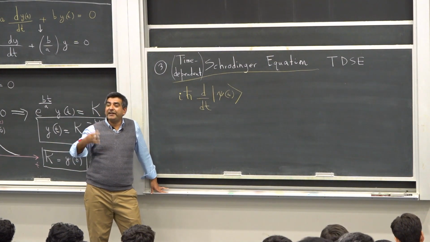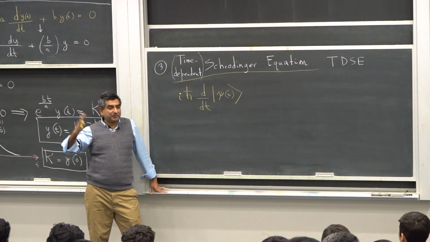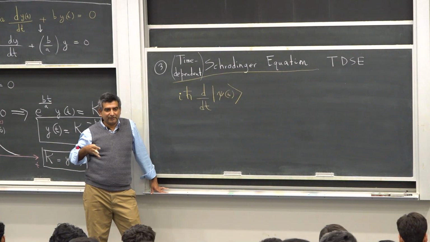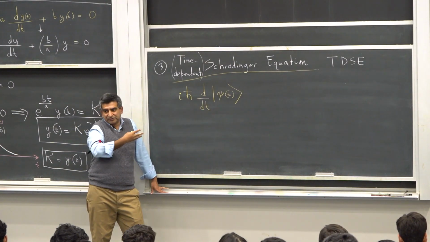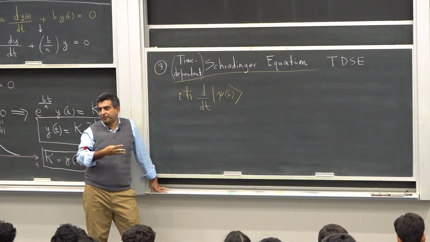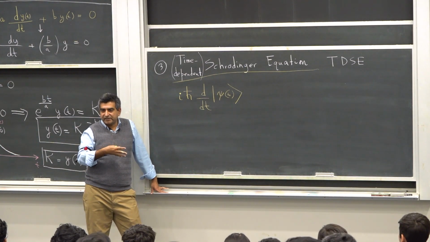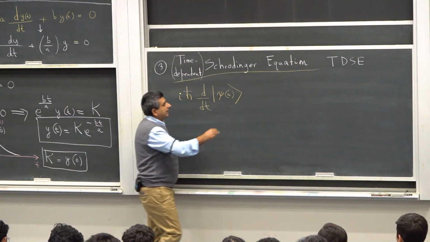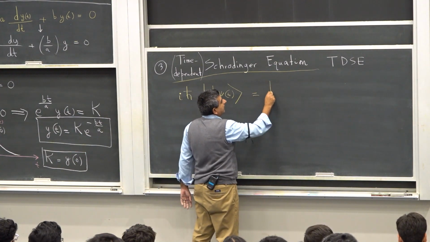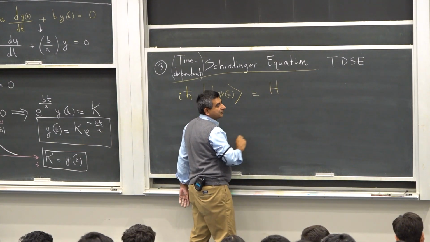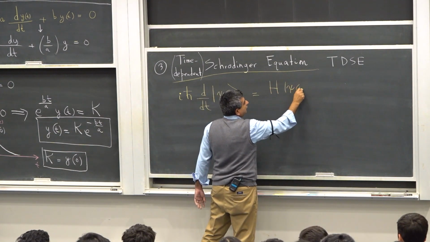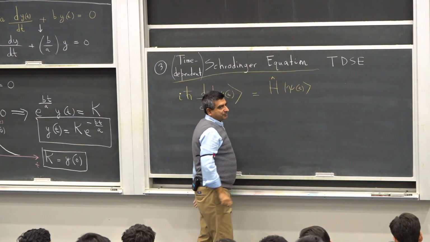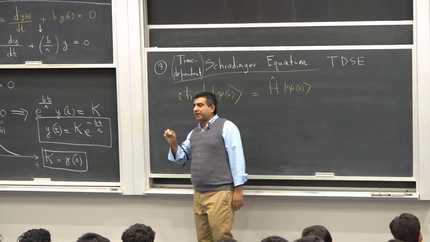So I kind of hid away the time dependence in the previous 12 lectures, but there is some hidden time dependence in all quantum states. Now I'm exposing this time dependence in front of you. So this is the left hand side of the time dependent Schrodinger equation, and this equals the Hamiltonian acting on the quantum state, and the Hamiltonian is now a strange object, so I put a hat on top of it showing that it's an operator.